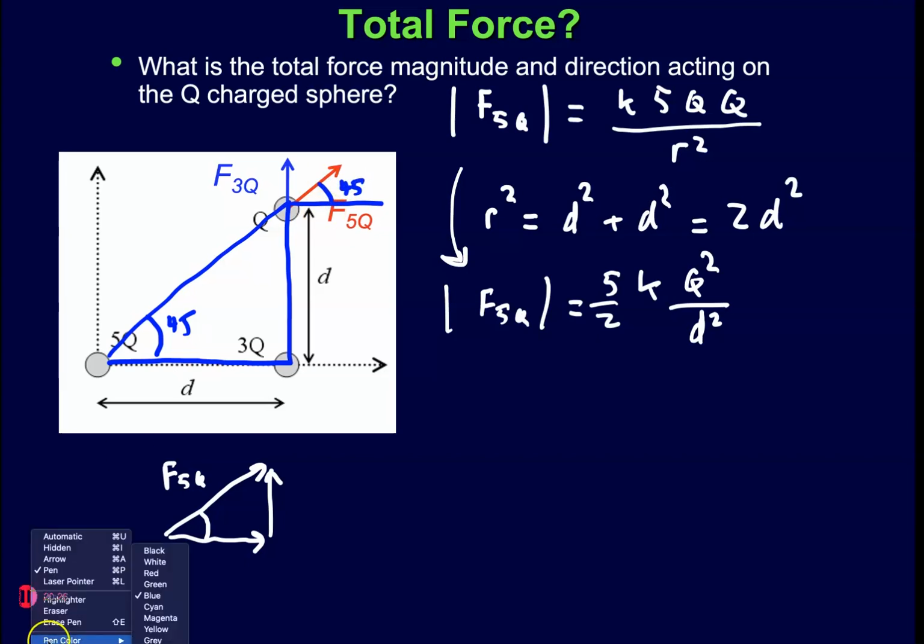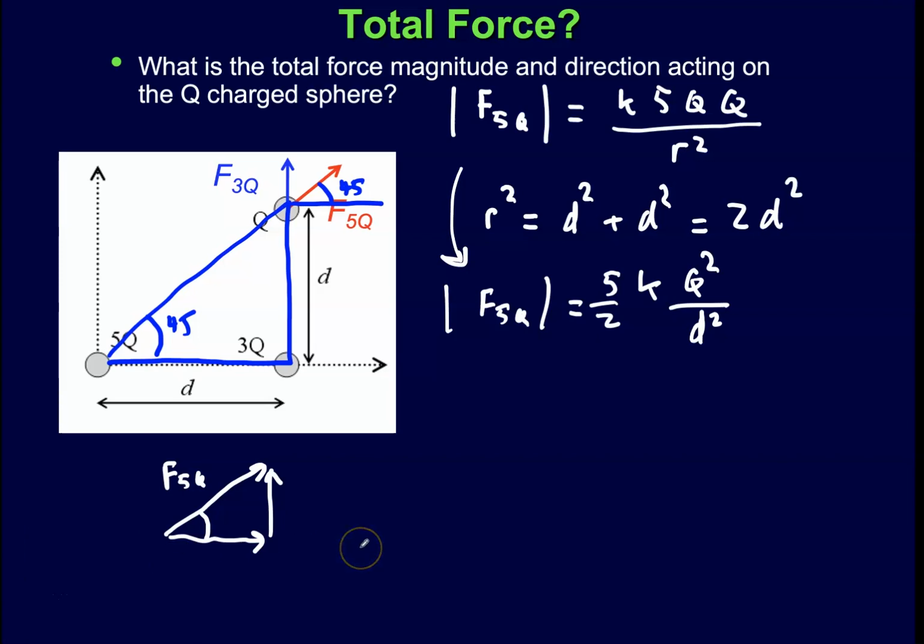Okay, and so this is where I think this stuff can get tricky, because this is doing vectors, which again, some of us haven't done in a while. And so that angle would be 45, and so this x component would be the magnitude of the force of 5q times cosine of 45. And then of course this one over here, just to be consistent, would be this times sine 45. Now since it's 45, it doesn't really matter, but it's still nice to write that out.